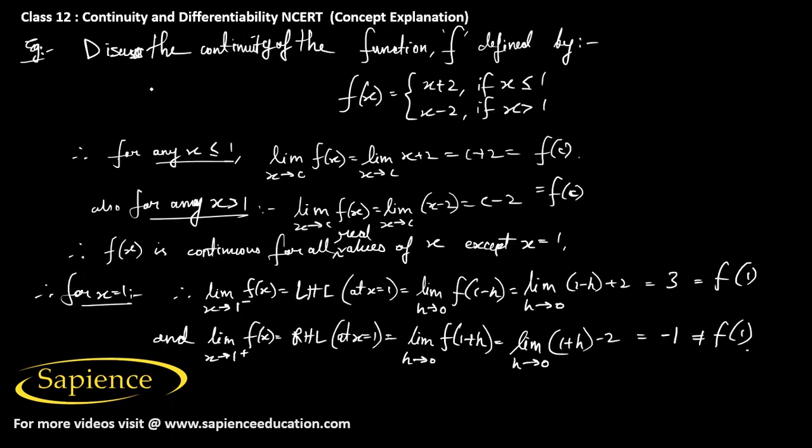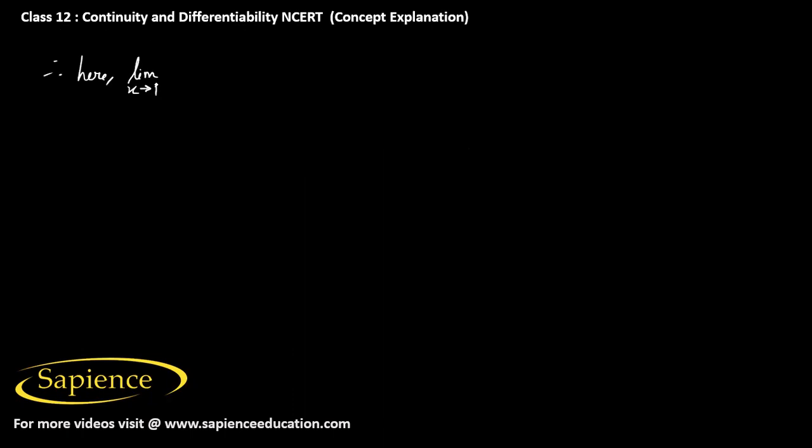So here limit x tends to 1 f of x does not exist, but f of 1 is equal to 3.